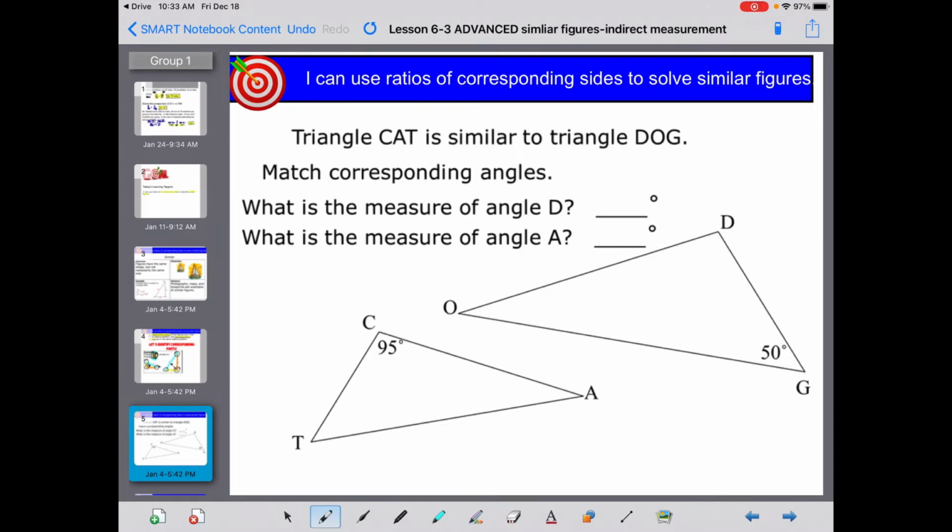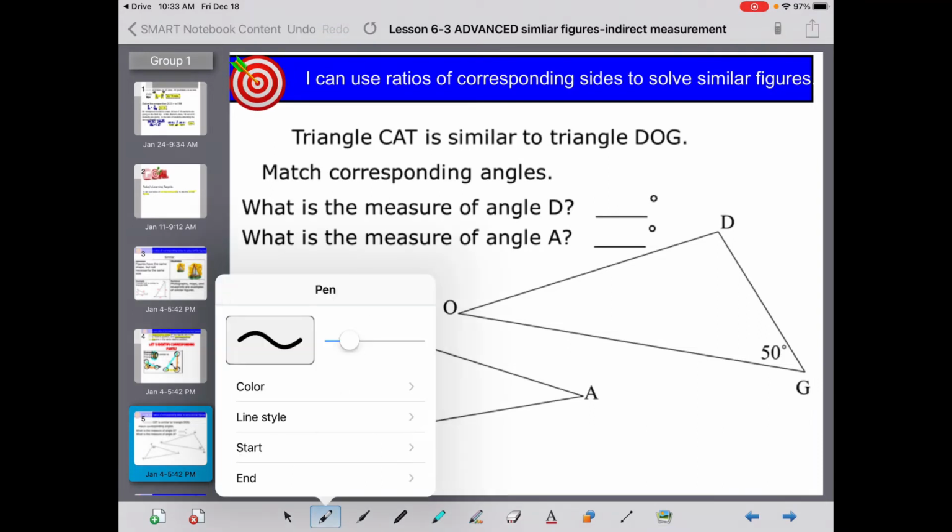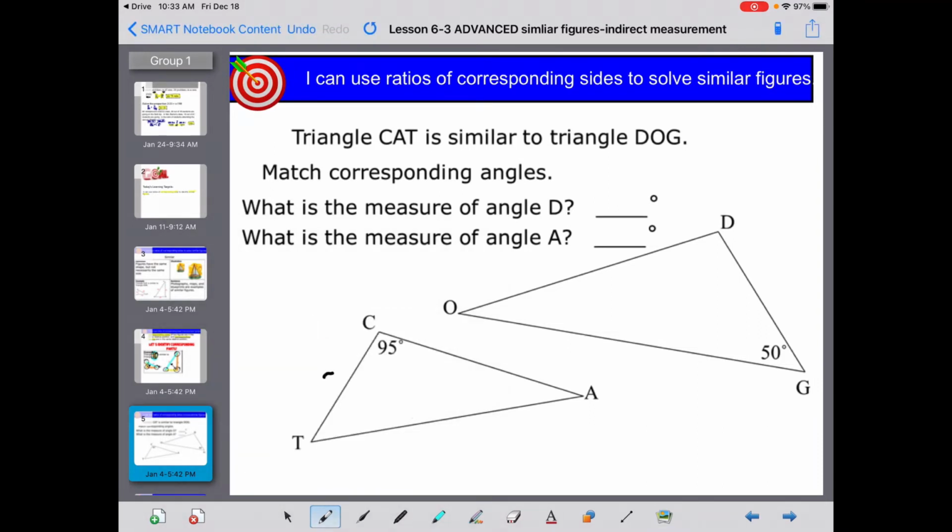Well, let's try. Let's label the sides small, medium, and large. This side, CT, is small, this side is medium, and this side is the longest. Small, medium, long. Now I know which sides are corresponding. So the small side corresponds to the small side. Now the same thing is true with the angles.